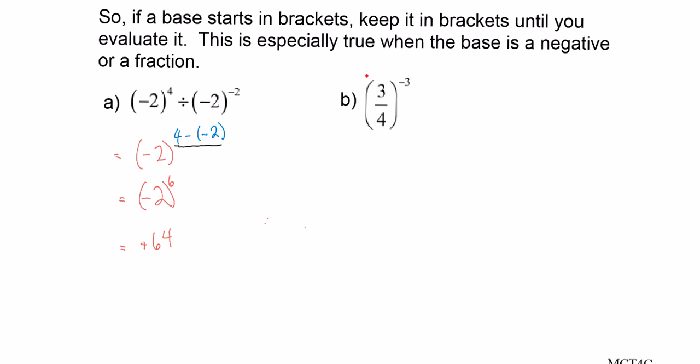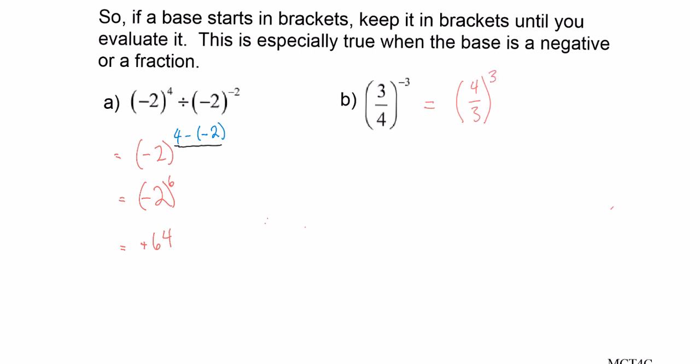Now, we're going to talk about how we deal with fractions in this next problem. You notice how we have this fraction, 3/4. We have to make the exponent here positive before we can do anything. So we're going to immediately flip it. So we're going to get 4/3. Now everything is raised to the power of, you guessed it, +3.